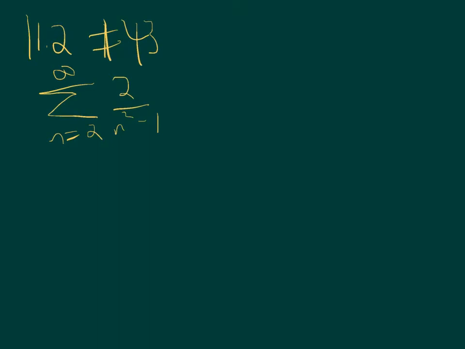Okay, so 43, it's in the section where they're talking about telescoping sums, because if you just were to start to do it and looked at a few terms, when n equals 2, you'll get 2 over 3. When n equals 3, you'll get 2 over 8. When n equals 4, you'll get 2 over 15, and when n equals 5, 2 over 24. You're not going to notice anything special in this problem.